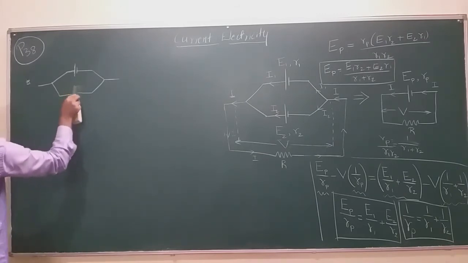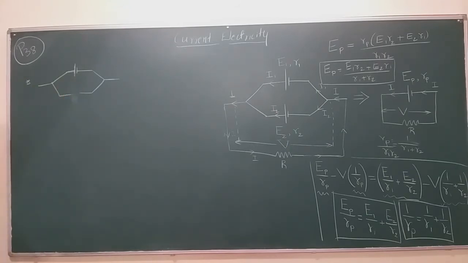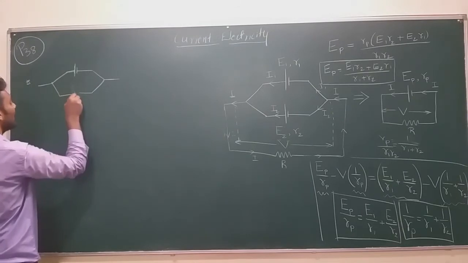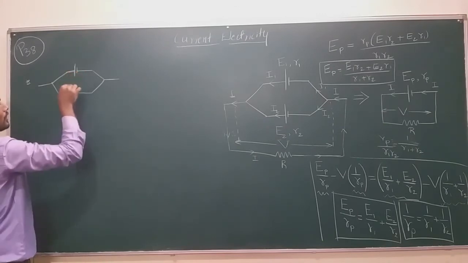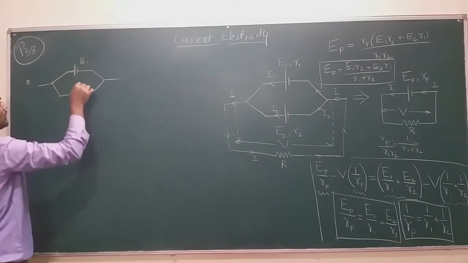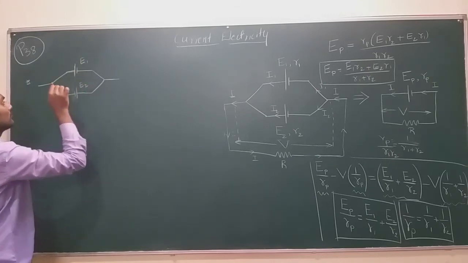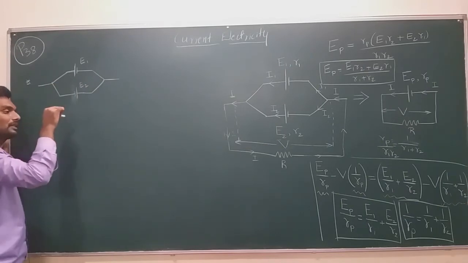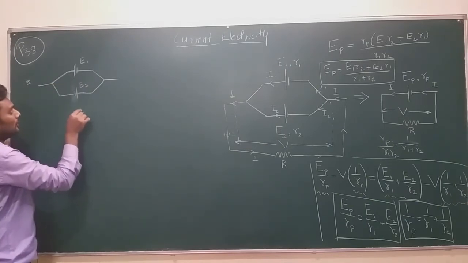Now, if you have the second cell connected in the opposite way, we normally call this an anti-parallel connection. When you have an anti-parallel connection like this, if the EMF of this is E1 and this is E2, then whenever you have E2, you make use of minus E2.